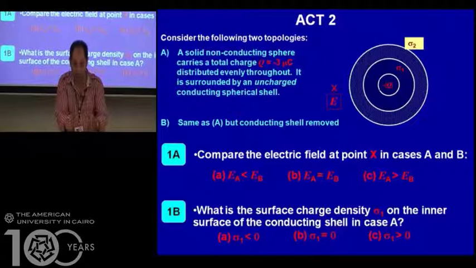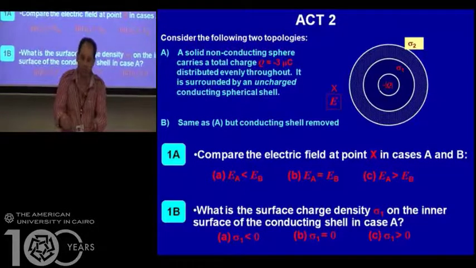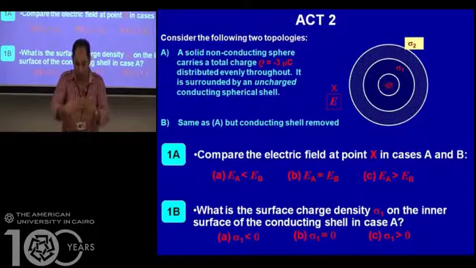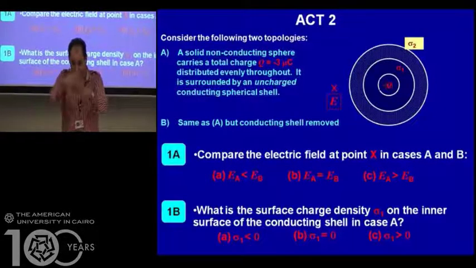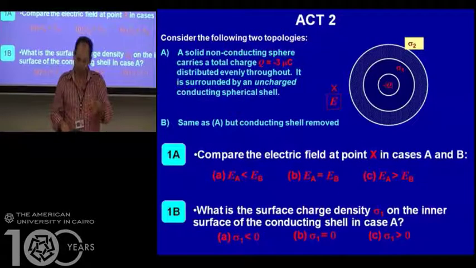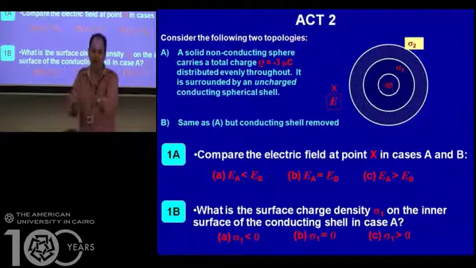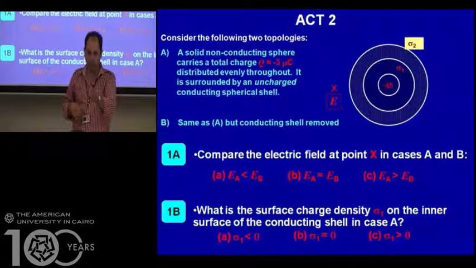That surface will be negatively charged and that surface will be positively charged, but the total surface will stay neutral. And we call that, if you remember from the first lecture, polarization.